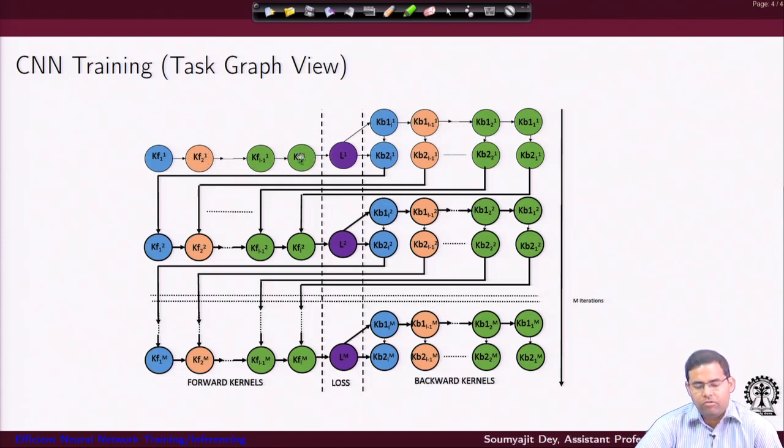So, this is entirely a forward pass. Then you have functions which compute the loss values; these are the kernels for the loss value computation. Then you have these two sets of kernels: one set sitting in the cascade computing the delta values for each of the different layers, and the other set which uses those delta values. These are the k b 2 class kernels.